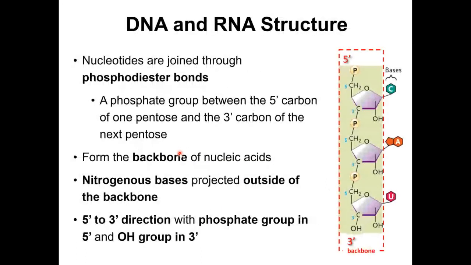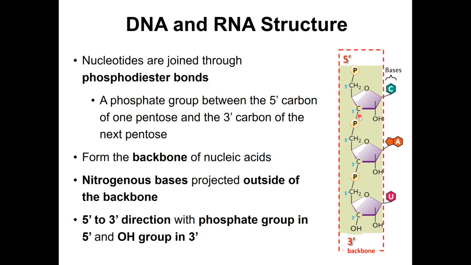When you talk about a strand of DNA or a strand of RNA, you're talking about a polymer of nucleotides which are joined by a specific type of bond, which is referred to as a phosphodiester bond. The naming comes from the fact that this bond, which is mediated between the carbon 3 of one nucleotide and the carbon 5 of the following nucleotide, is mediated by a phosphate group.